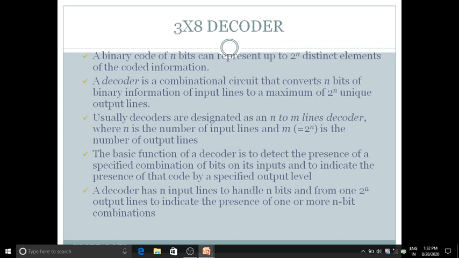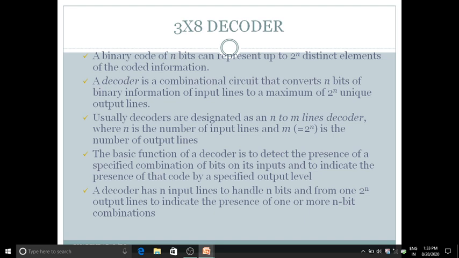That combinational logic circuit has n input lines, so that these n bits can be applied as input, and it has 2 power n output lines to show which element is represented by that n bit input code. And this circuit we call a decoder, since it is decoding the information present in n bits.